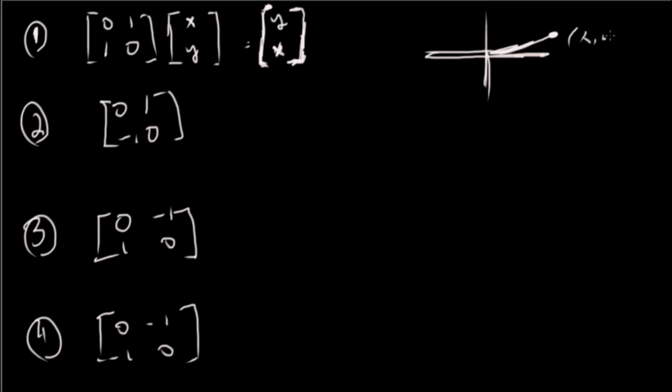Because now you might know exactly what it does if you didn't already. y, x is up here, and this is a reflection over the line y equals x. So 1 is a reflection over the line y equals x.